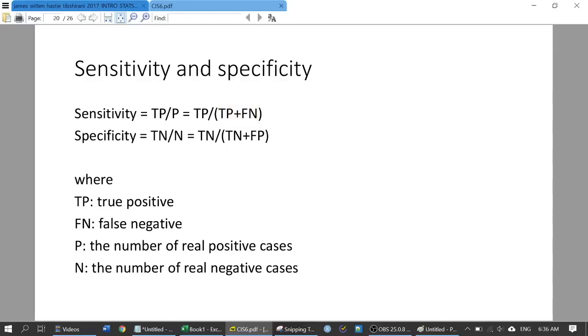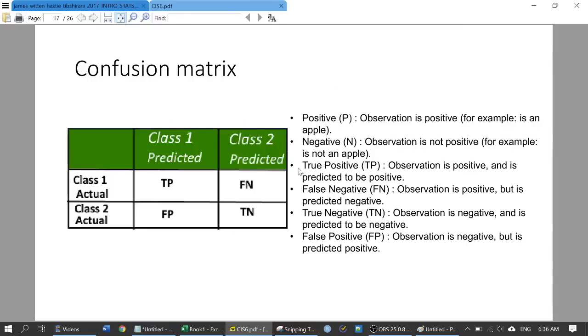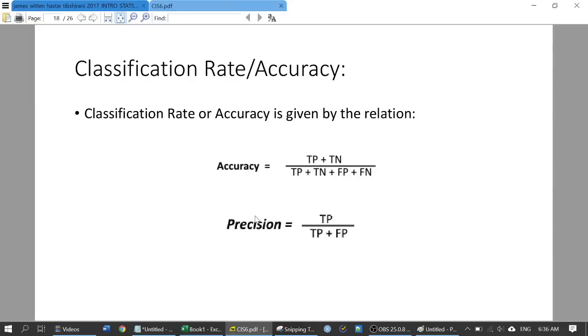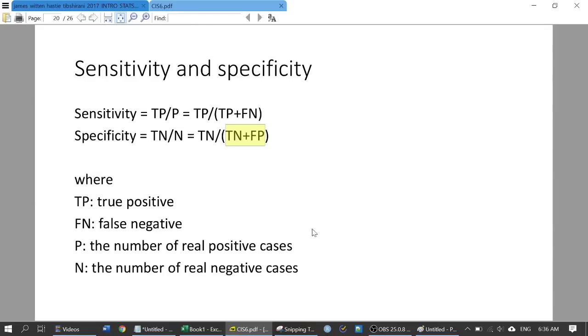And specificity is the true negative divided by all the negative, and because we know that N is actually TN plus FP. So this is the formula for sensitivity and specificity.